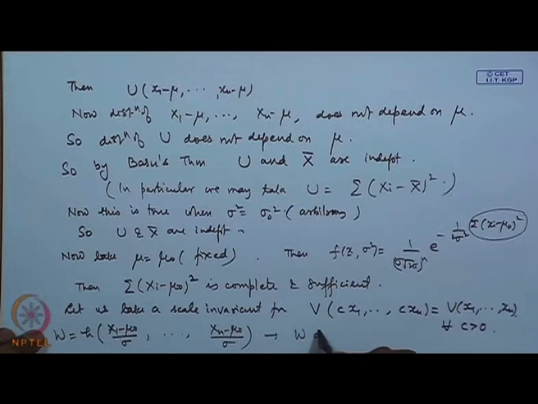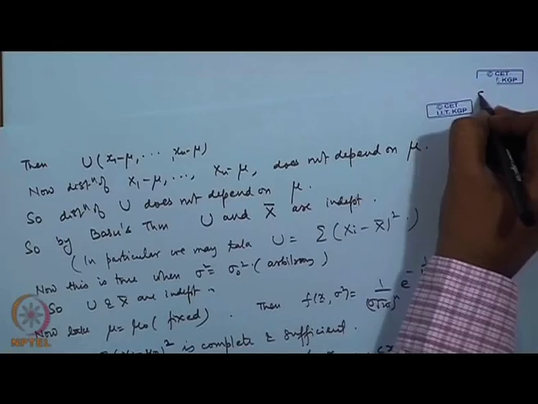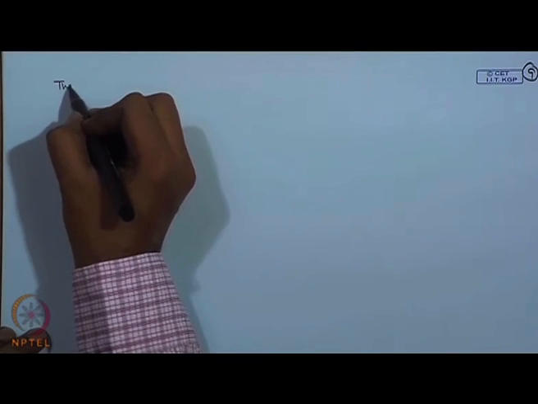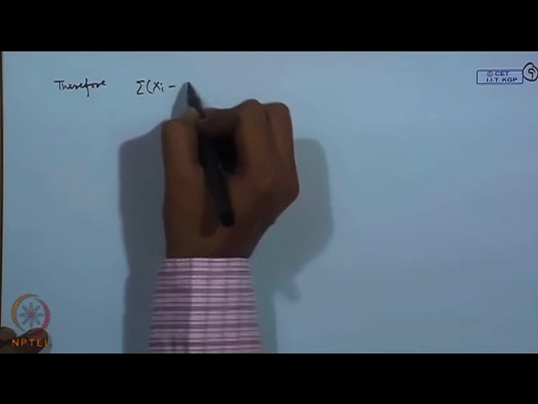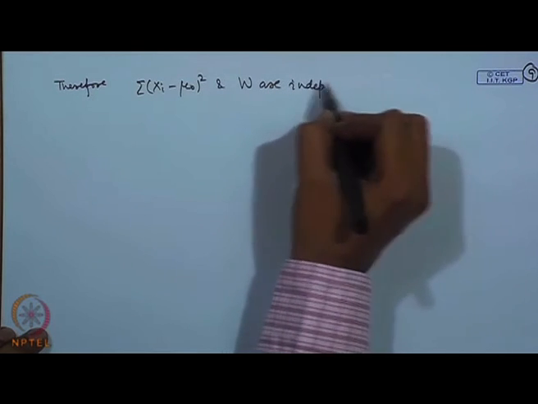Then w has a distribution free from sigma, because the distribution of x i minus mu naught by sigma is normal 0, 1. So, this has distribution free from sigma, and therefore sigma x i minus mu naught square and w are independently distributed.